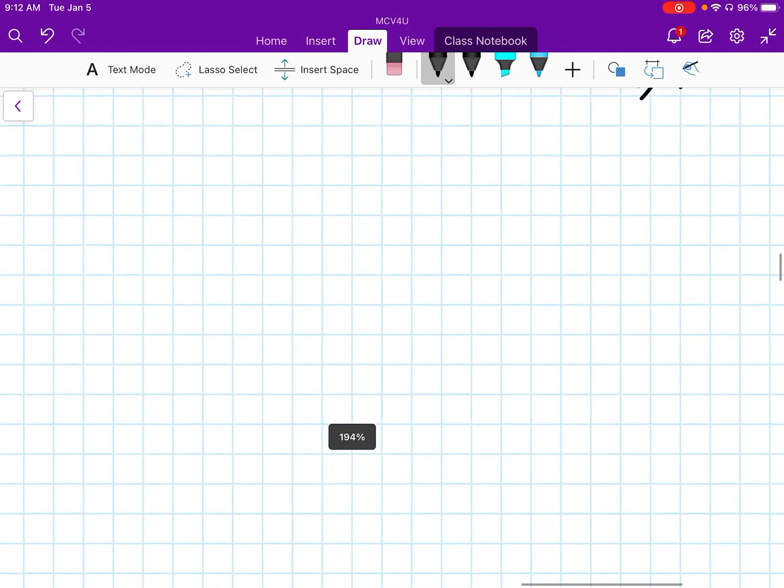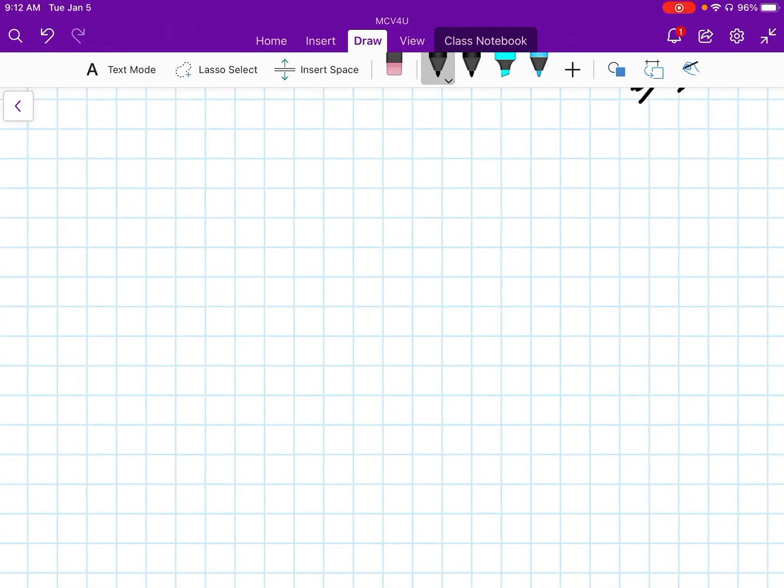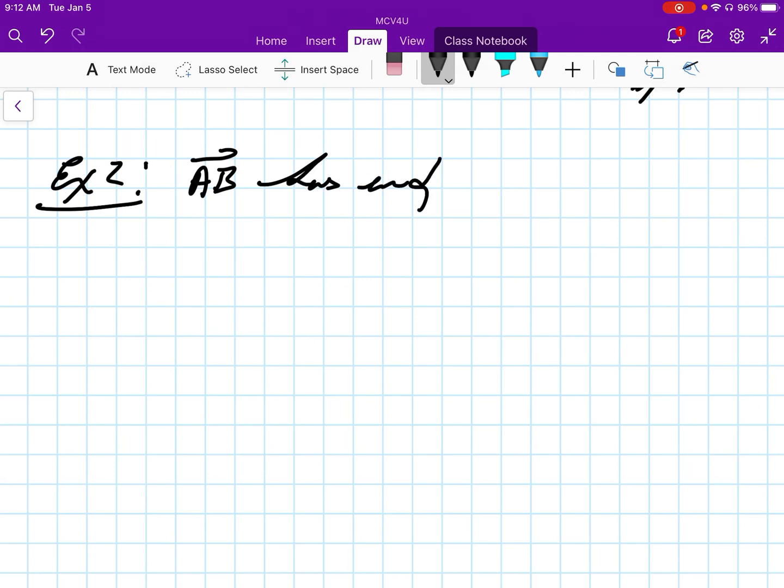All right, so let's take a look at what we can do with some of these vectors here. So we'll say example 2 here. We want to look at a vector. Let's just say we've got a vector AB. Okay. Vector AB has endpoints. So what we're trying to do is find out what is the position vector.